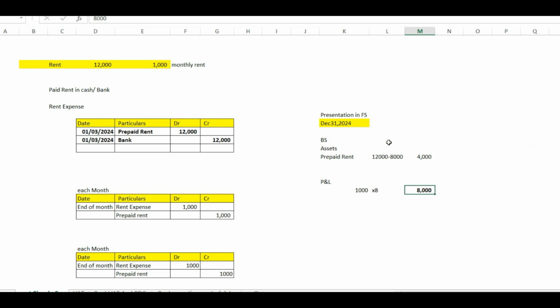And as far as the prepaid rent account is concerned, initially it had a balance of 12,000 and now every month 1000 is being transferred to rent expense, or consumed into rent expense. So the remaining balance of prepaid rent would be 4000. This is how it will be presented in the financial statements.